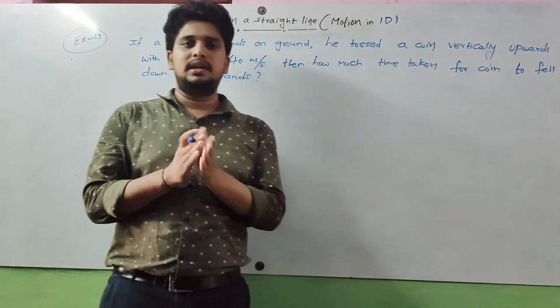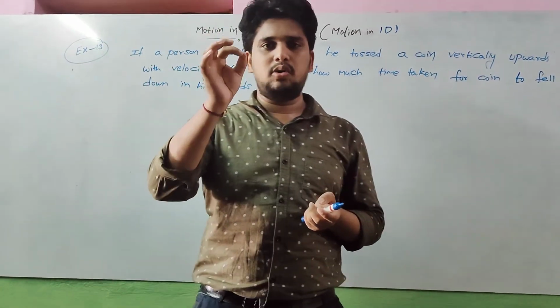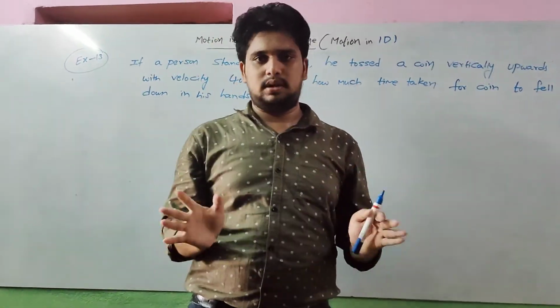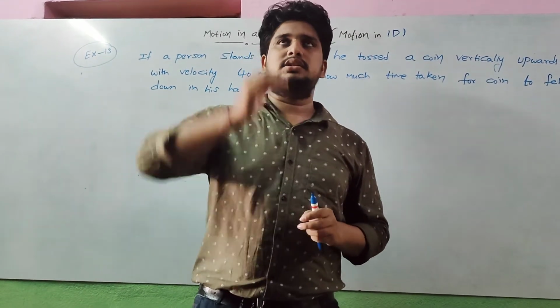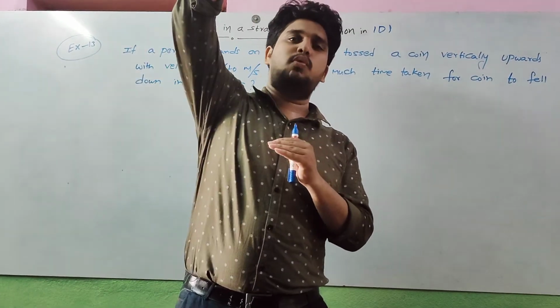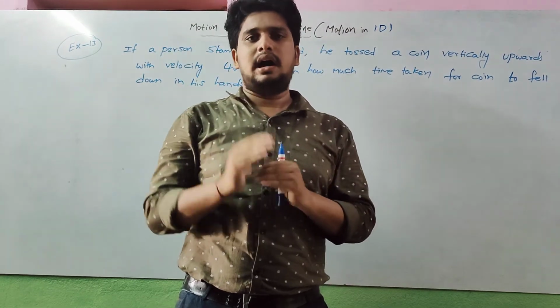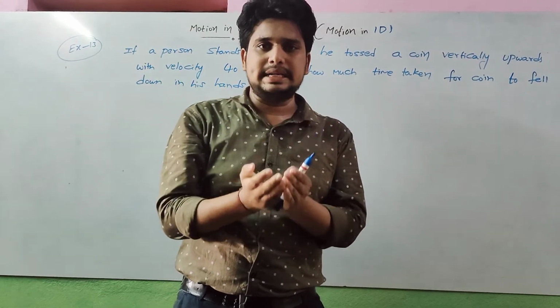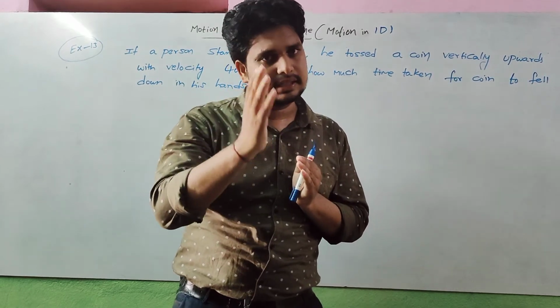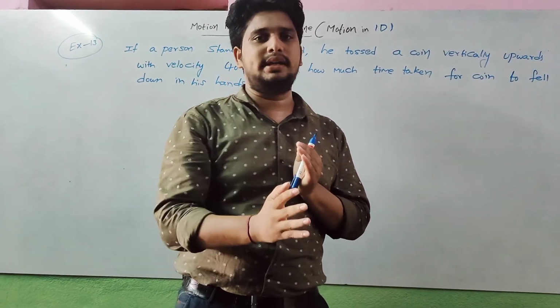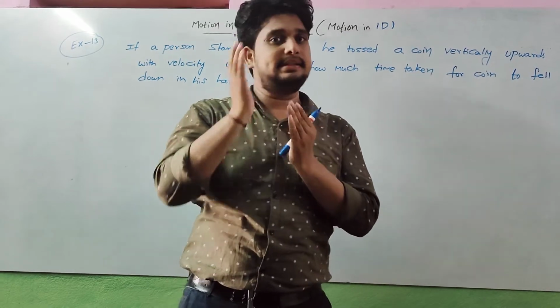What is the question, ma'am? If a person is standing on the ground, he tosses a coin vertically upwards. After some time, the coin reaches his hands. How much time is taken for the coin to reach his hands? That is important.